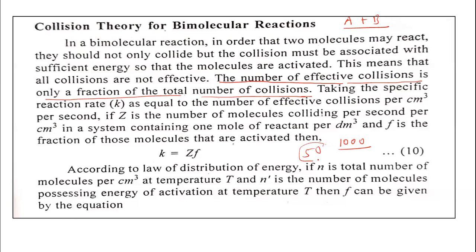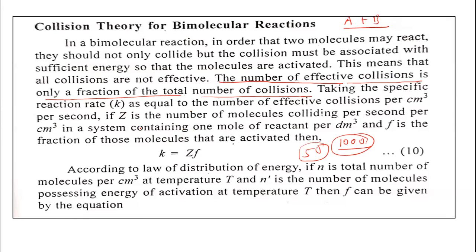So the rate of the reaction depends upon the effective collisions, not upon the total number of collisions. Taking the specific reaction rate, the rate constant K, it is equal to the number of effective collisions per centimeter cube per second.